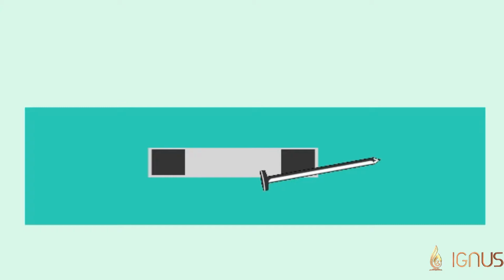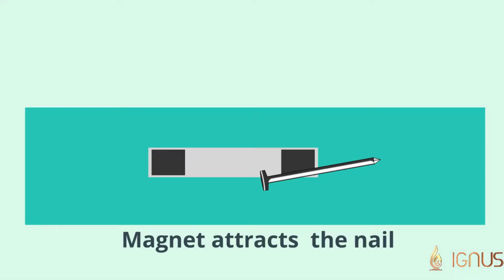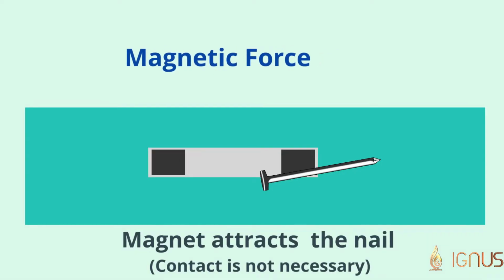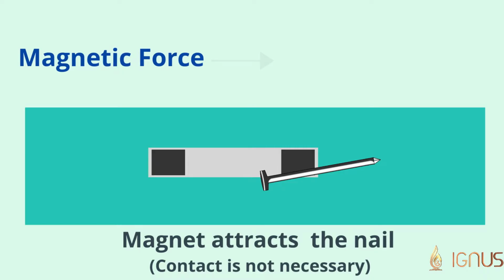What does this tell us? This shows that the magnet attracts the nail and contact is not necessary for this attraction. The magnet pulled the nail towards it even though it was not in contact with the nail. The force that the magnet exerts on the nail is called the magnetic force. So contact is not required for the magnetic force.